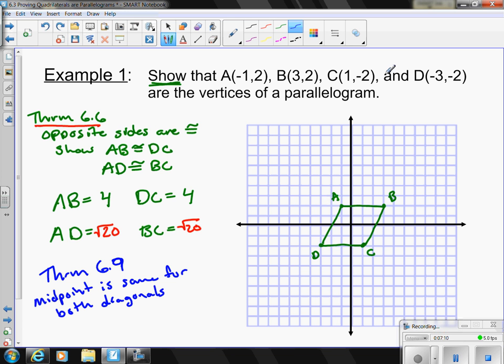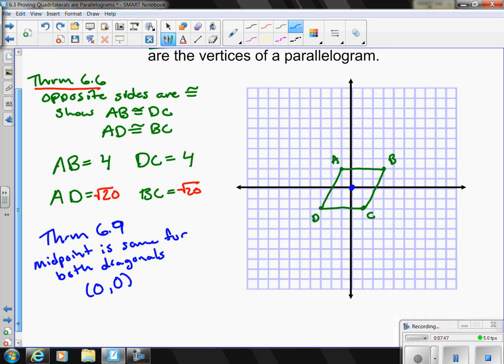The midpoint of DB: 3 plus negative 3 is 0, and from B to D, 2 and negative 2 divided by 2 is 0. So the midpoint of this segment is (0, 0). The midpoint of the segment from A to C: negative 1 plus 1 is 0, divided by 2 is 0; 2 plus negative 2 divided by 2 is 0. So they have the same midpoint, so we can use theorem 6.9.